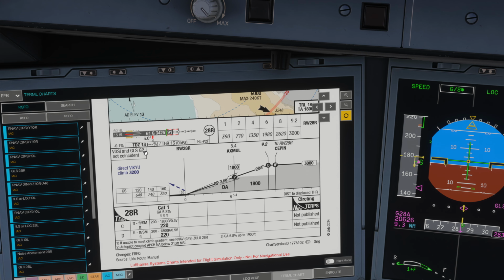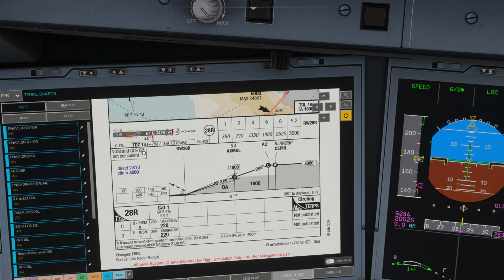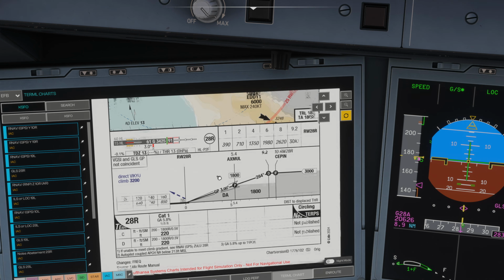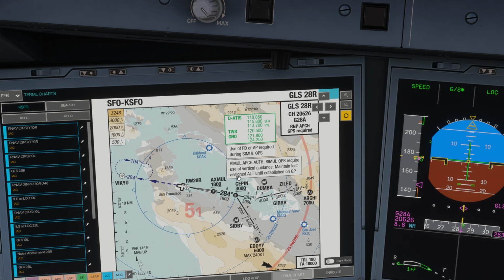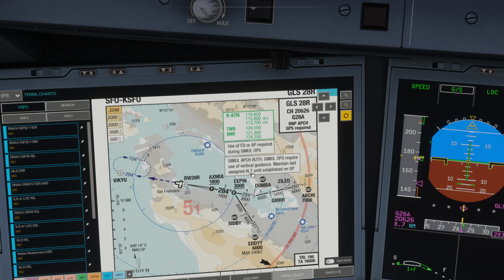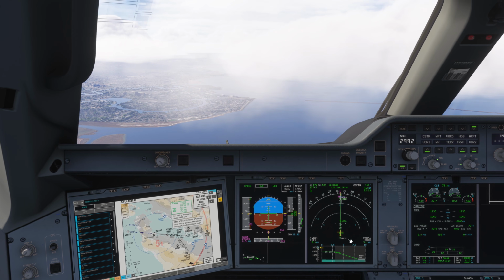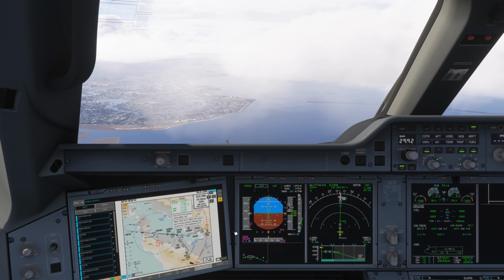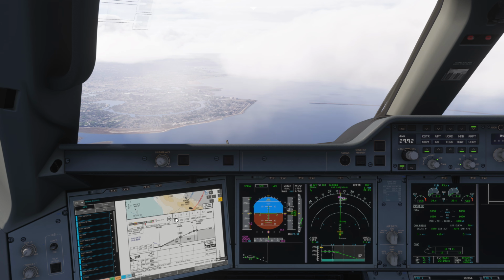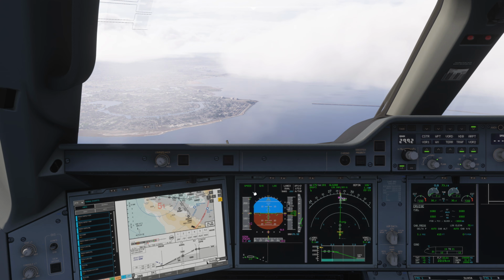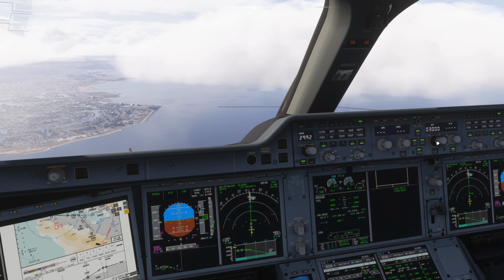So we are not going to arrive on a PAPI that shows us 2 whites, 2 reds, but we might arrive slightly different. And these kind of changes do happen quite a bit on GLS approaches, so you gotta pay good attention to that, and don't be surprised if you don't end up where you expected to end up on the PAPIs.